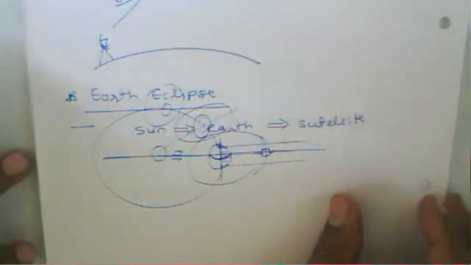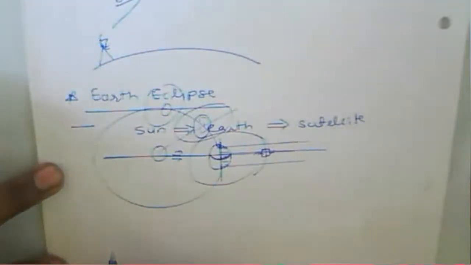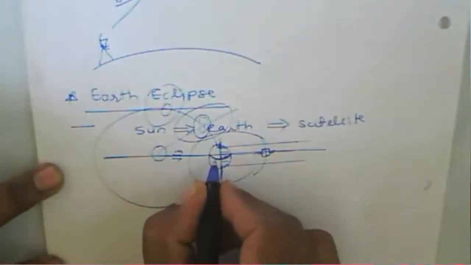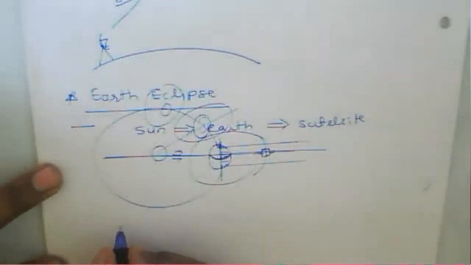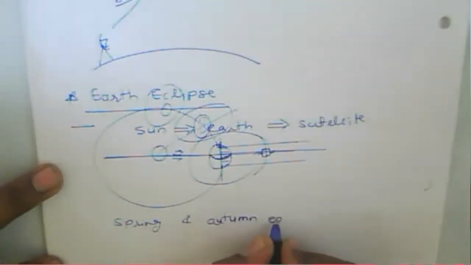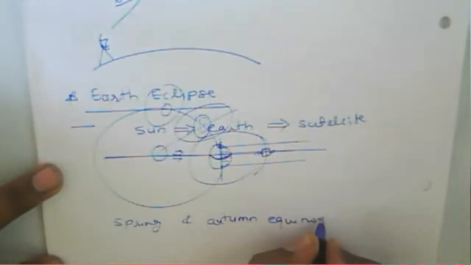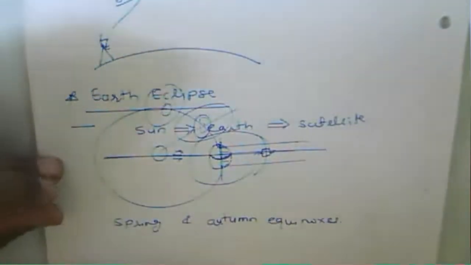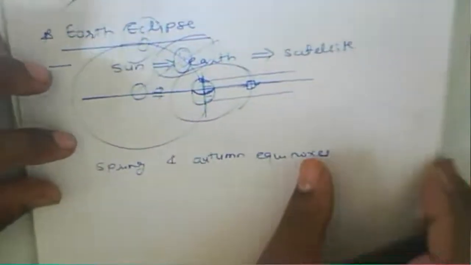So when does the eclipse occur? That will be in the case of the spring equinox, or the autumn equinox.